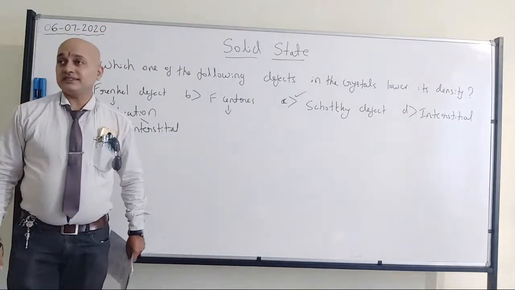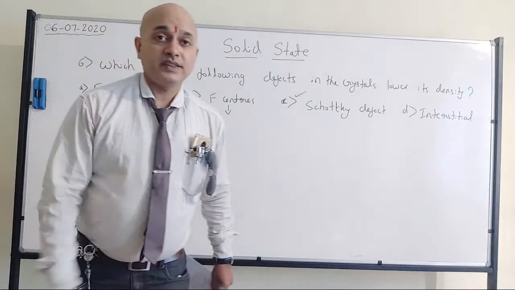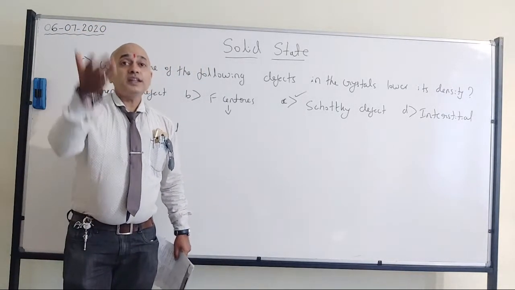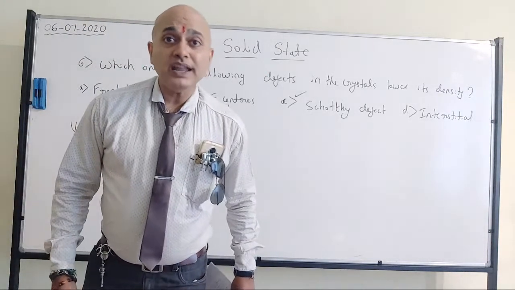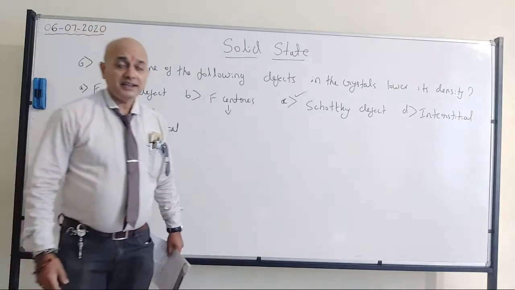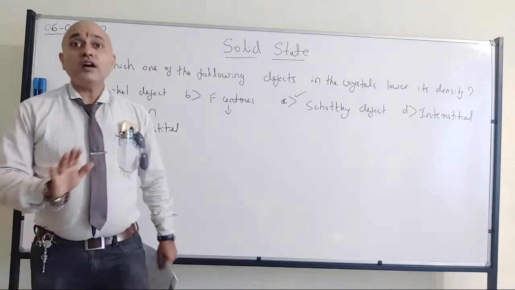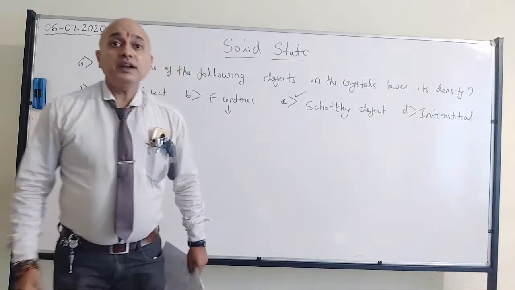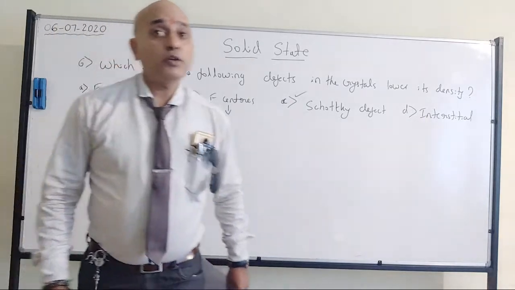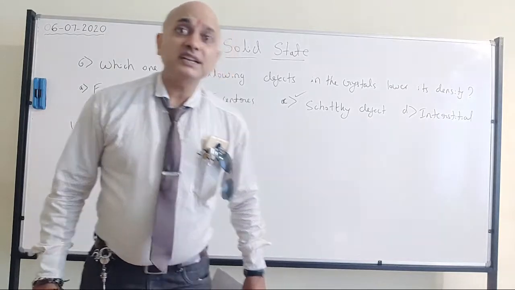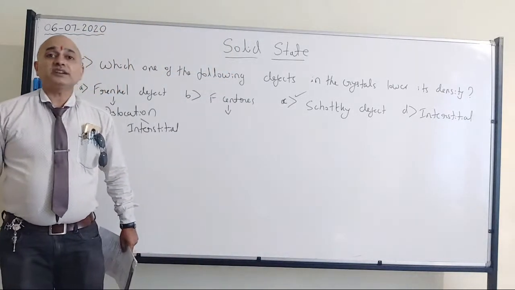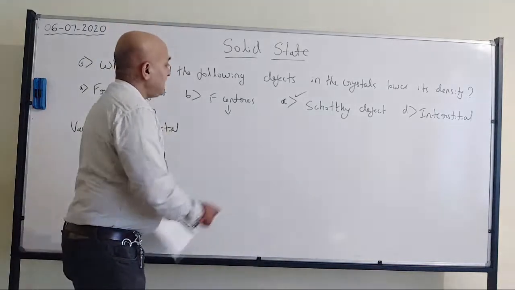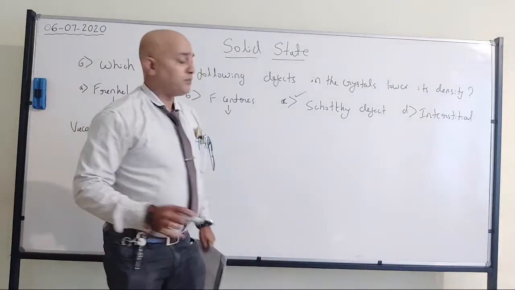Yes, naturally it should increase because you are adding extra sodium. If I take NaCl, the place of the chloride ion is taken by electrons, so there is no loss of any chloride. It has moved to the periphery where the metals were, but it is still present in the crystal structure. There is additional sodium, so naturally it will lead to an increase in the density. That is the formation of F center.